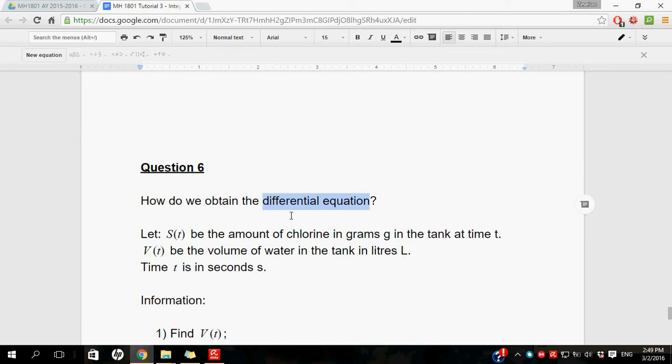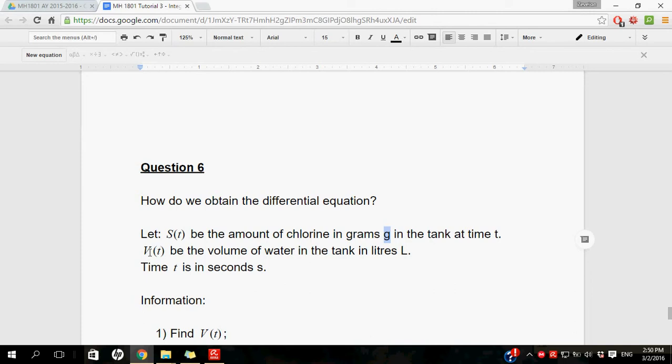Let us first understand what the variables in the question are. The first most important variable is time, t, which we take in terms of seconds. The next variable is S, which gives us the amount of chlorine in grams in the tank at time t.